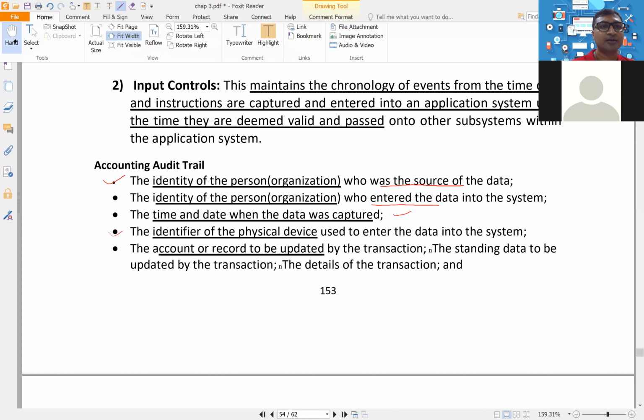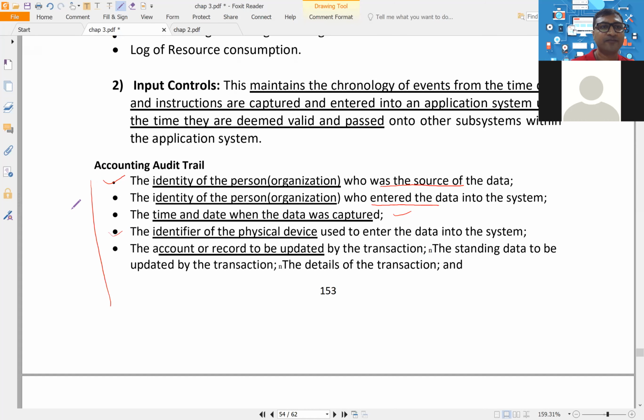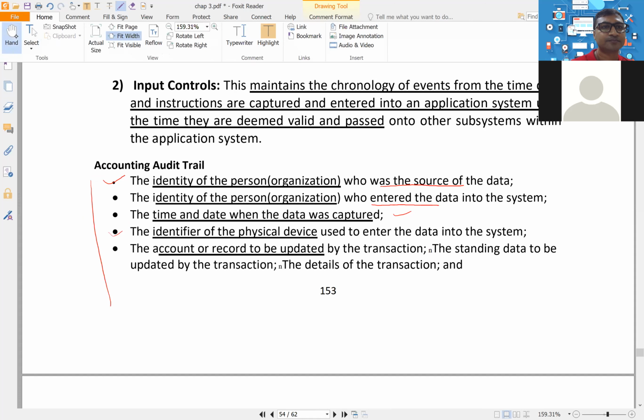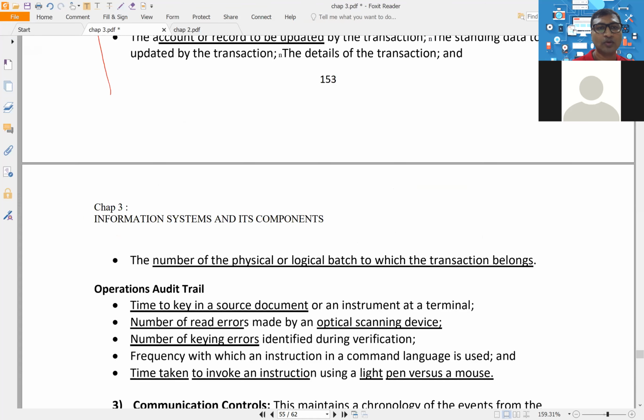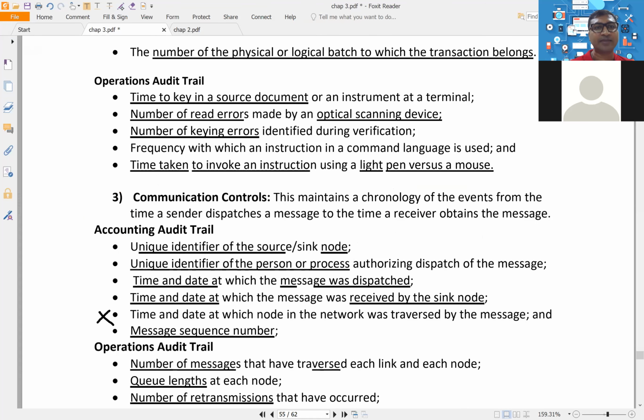Now the operational audit trail works the same way. You can see how much time it took to enter the data, the number of read errors when you are using an optical scanning device, like the laser gun you see in Big Bazaar or DMart.